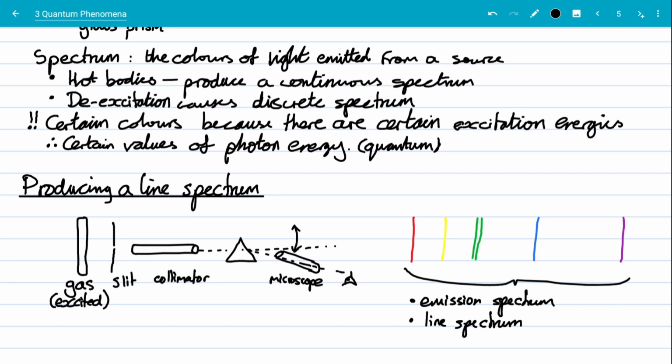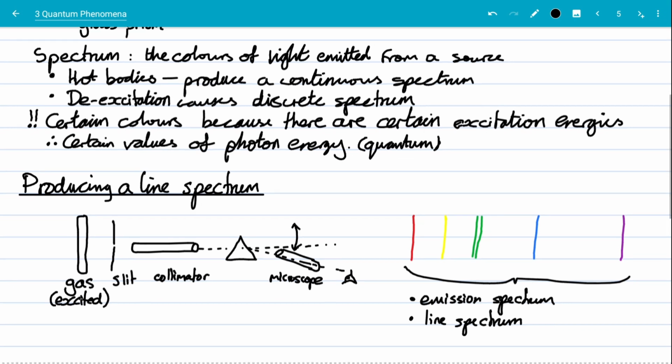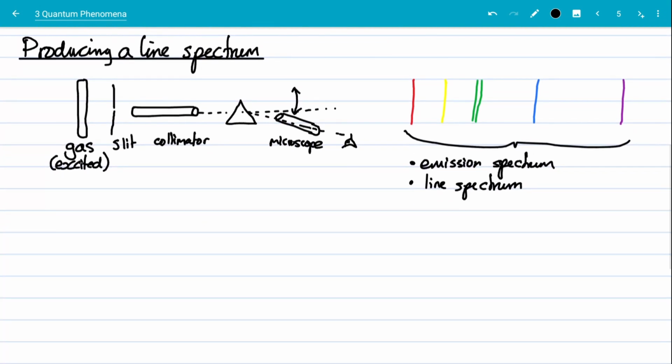If you do that, you'll see a continuous spectrum, but with dark lines. And those dark lines, the absence, or at least the less intense radiation of those particular wavelengths, correspond to the lines on an emission spectrum caused by an excited gas. So we can use absorption spectra and emission spectra together to analyze the composition of a gas.